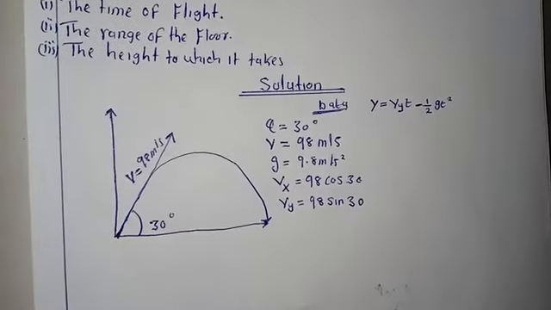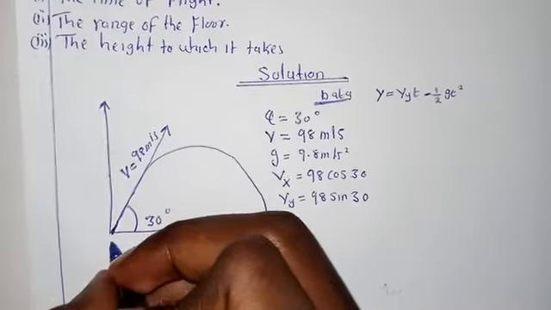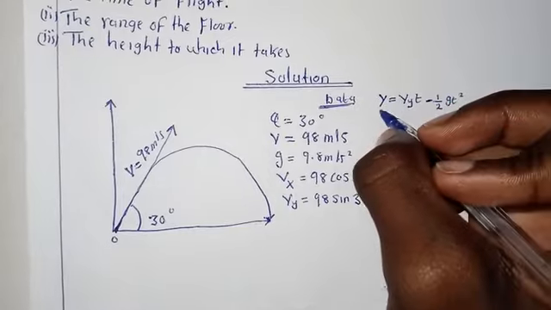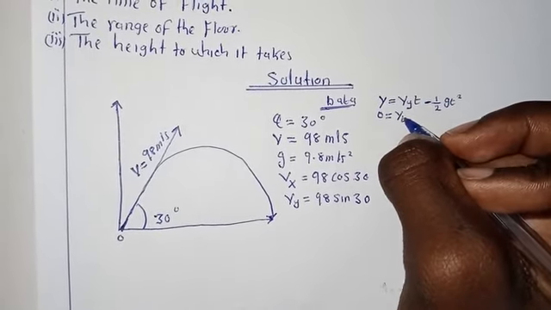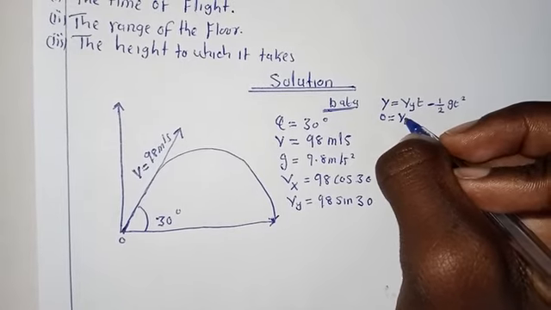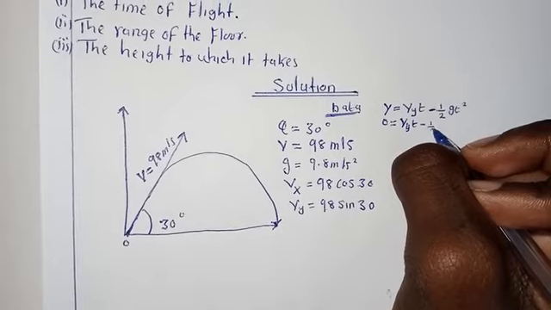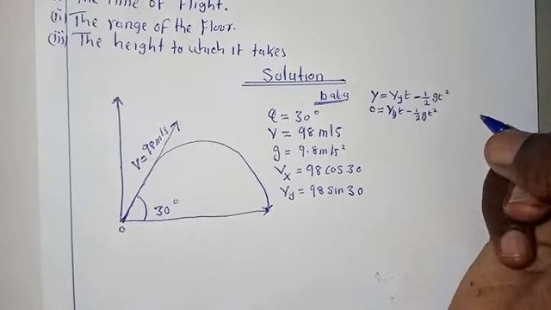I'm sure you remember this formula. Now, since we are starting from this point where y is 0, this is going to be 0 equal to Vy t minus 1 over 2 g t squared, like that.